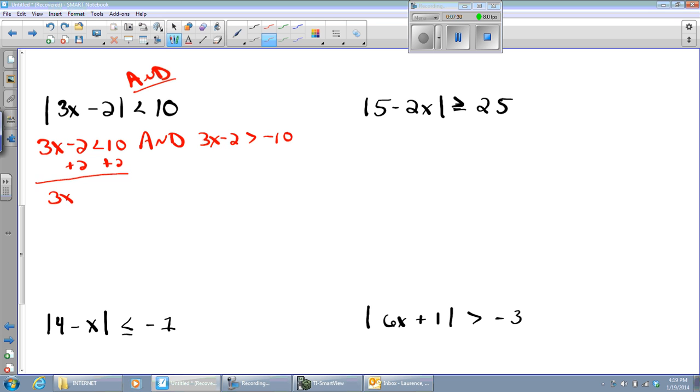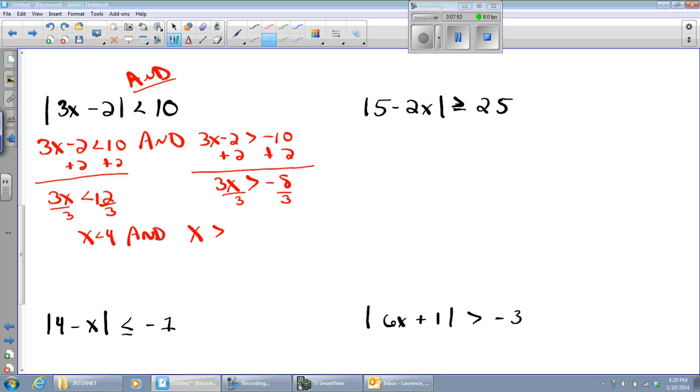Okay, 3x is less than 12. Dividing by 3 will tell me that x is less than 4. And I'll come over here and I'll add 2. And I'll get 3x is greater than negative 8. Dividing by 3, I'm going to get x is greater than negative 2 and 2/3.